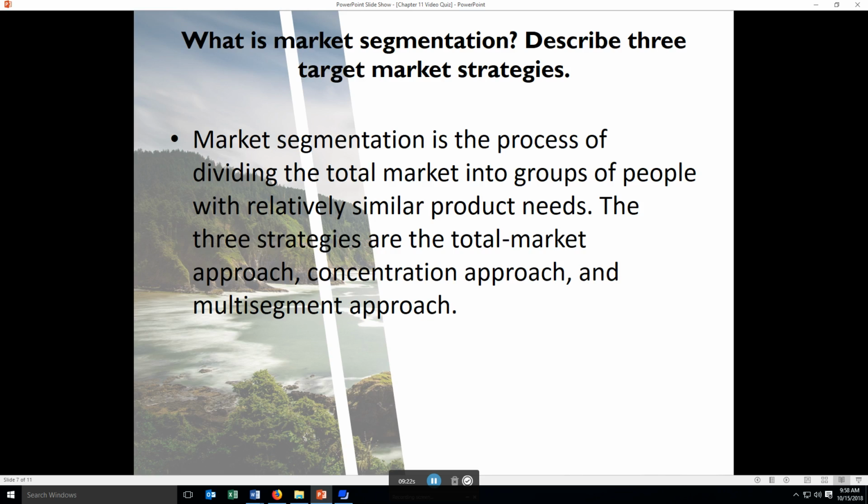What is market segmentation? And describe 3 market strategies. Market segmentation is the process of dividing the total market into groups of people with relatively similar product needs. The 3 strategies are the total market approach, concentration approach, and the multi-segment approach. So one example of market segmentation would be General Motors.